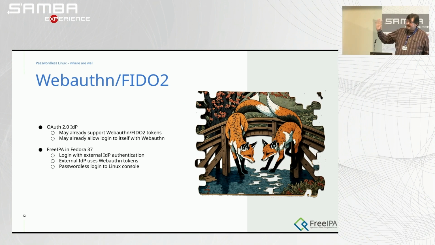Now, with this integration, as you saw, we also get for free integration with WebAuthn tokens, which is the thing people think will be our future for passwordless authentication, because OAuth identity providers might already support using FIDO tokens, and indeed, this is what my Keycloak demo showed.